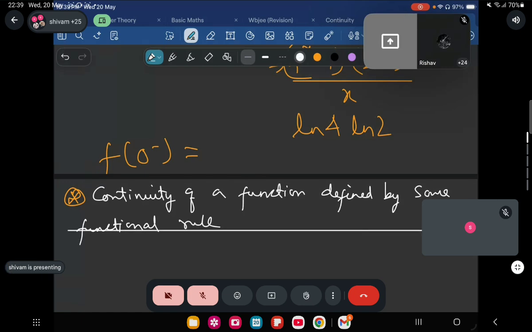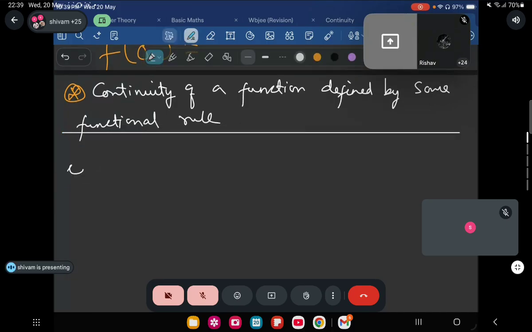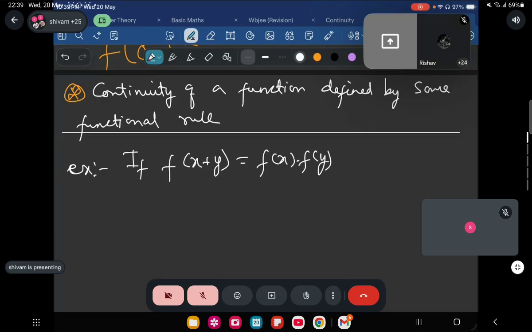Pay attention. For example, what kind of questions will come? For example, if f of x plus y is equal to f of x into f of y for all x, y belongs to R.